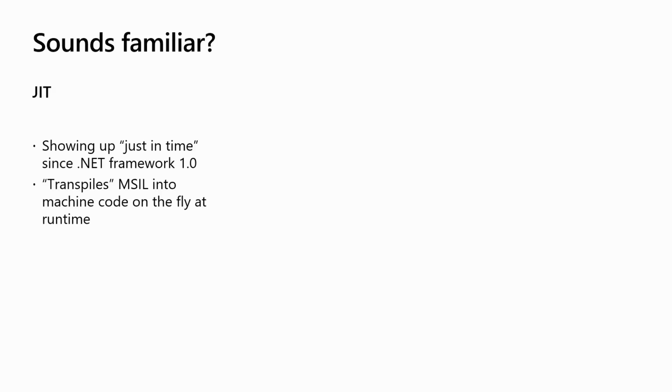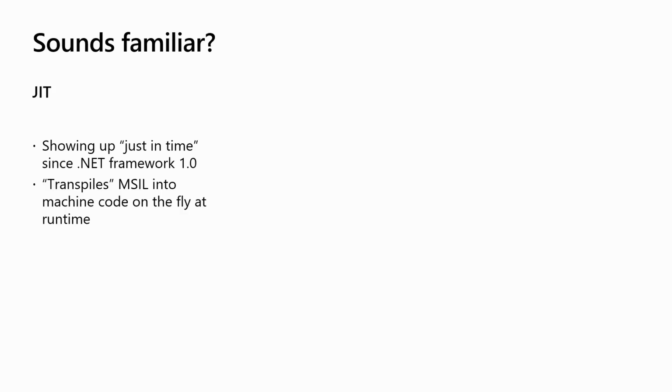So this process sounds a little familiar if you know about .NET. We have the just-in-time compiler. And since .NET Framework 1.0, it loads MSIL at runtime as each method is called for the first time.